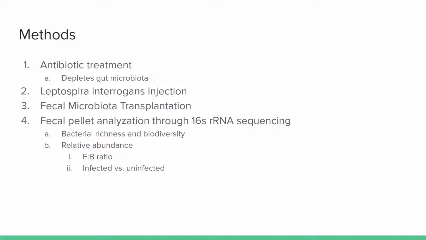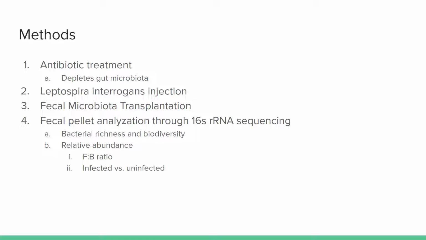The methods of this research include three groups of mice. So one group is a control, so they are not treated or injected with anything. One group is treated with antibiotics and injected with leptospira interrogans. And the last group is treated with antibiotics, injected with leptospira interrogans, and treated with a fecal microbiota transplant that I will discuss further.